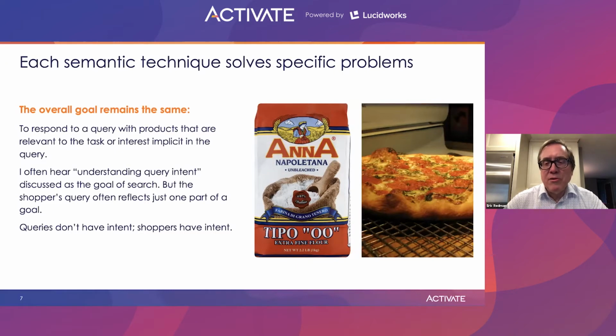My example on the slide: if I search for 00 flour, maybe I'm trying to make a pizza. That's a big deal. At-home pizza now, the craft, it's all about the 00 flour. So aren't we providing better recall or more relevant results if we pull in some other products associated with baking or making a pizza?